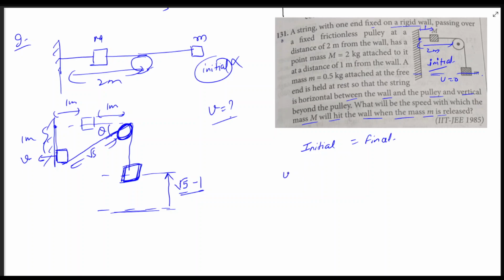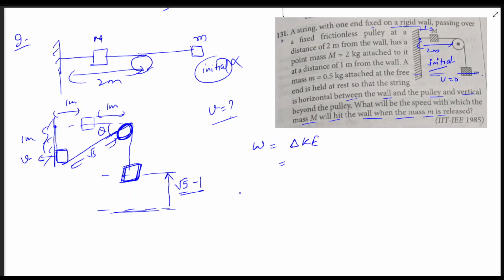So initially U0, right? Initially for this particle it is 0 plus, for this it is at a distance. If I solve like this, let us just write the change. So we'll use work done is equal to change in kinetic energy.